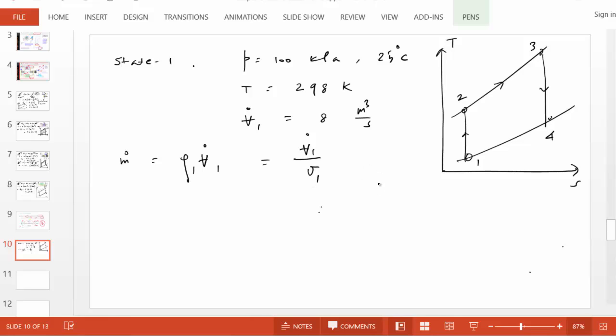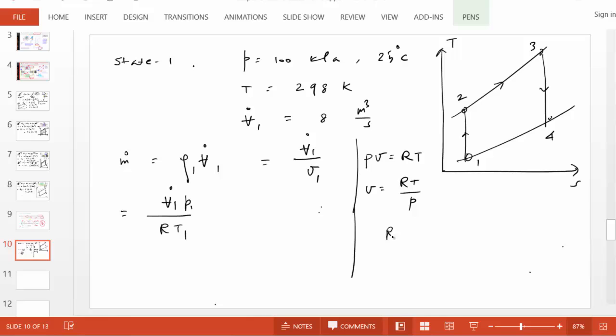Using the ideal gas equation of state, PV equals RT, we get V equals RT over P. So the mass flow rate becomes... The value for R for air, the value for Cp, and the value for k should be familiar to everybody. k is 1.4, Cp is about 1.005, and R is 287.